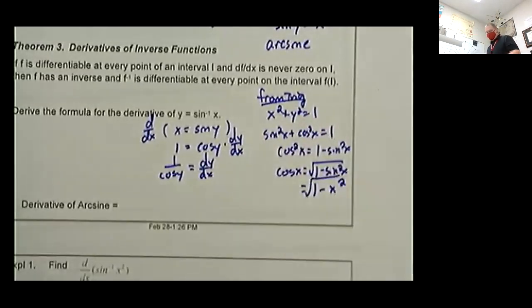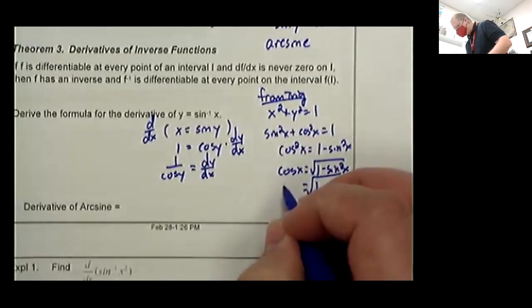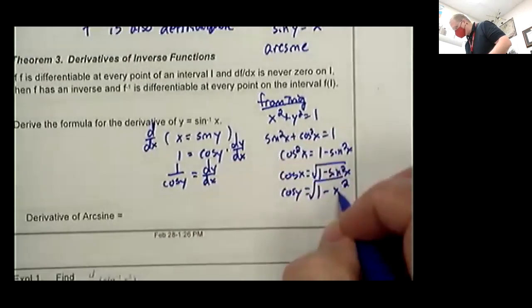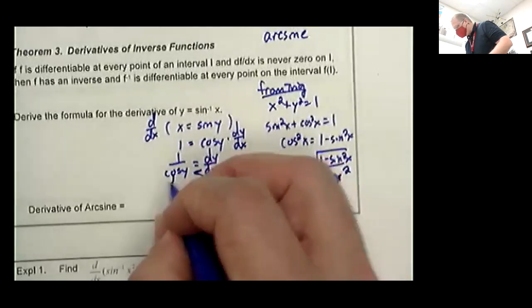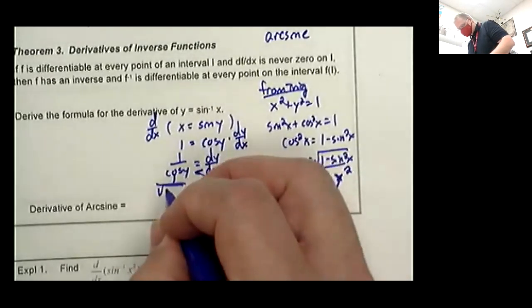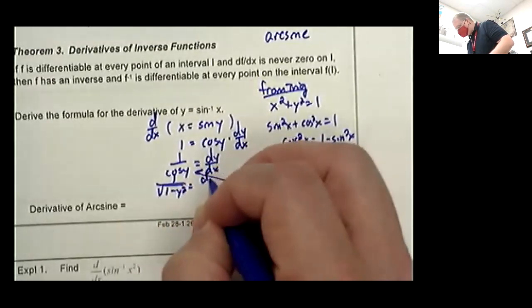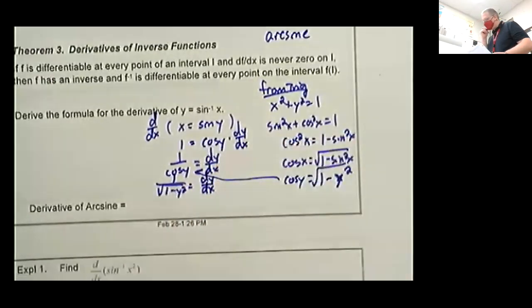And we're going to plug that back into our cosine. We'll call this cosine of y because that's what matches our formula, and we plug that back in. That gives us 1 over the square root of 1 minus x squared is equal to dy/dx. Finally, we set this up as our formula.